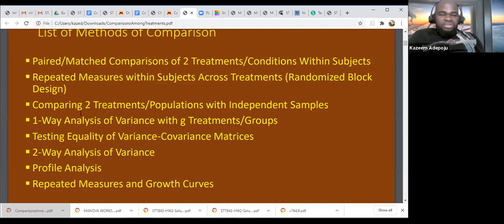We're also going to look at comparing two treatment populations with independent samples. Then we're going to look at one-way analysis of variance, testing the equality of variance covariance matrices, and two-way analysis of variance, and so on like that.